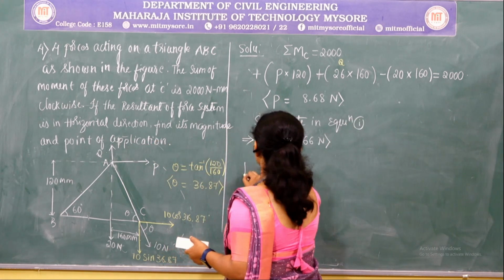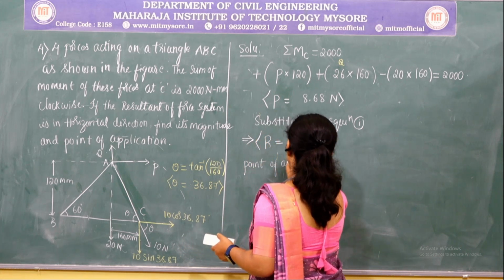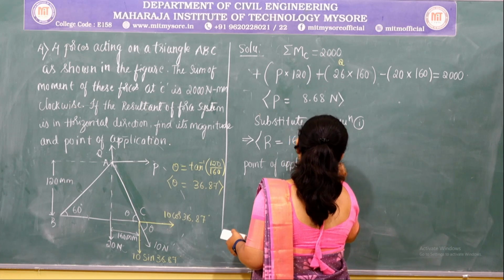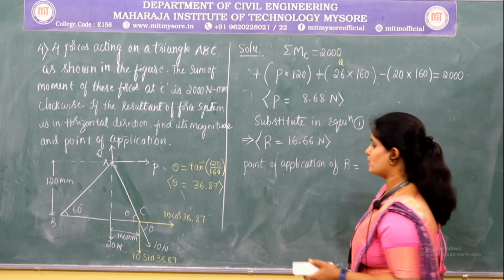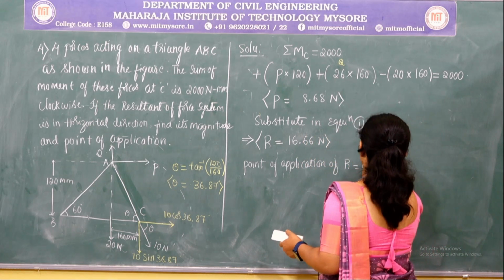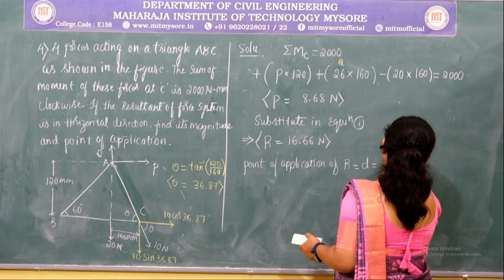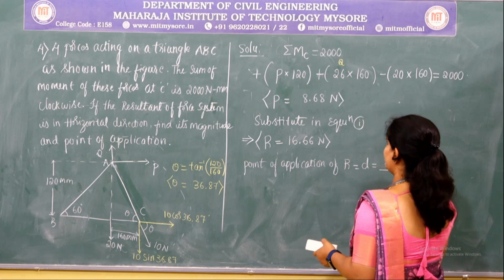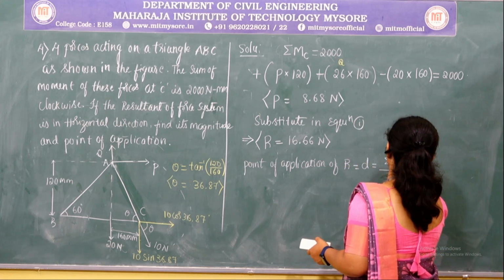So we know that the point of application of the resultant is equal to D, which is equal to moment about C divided by the resultant.